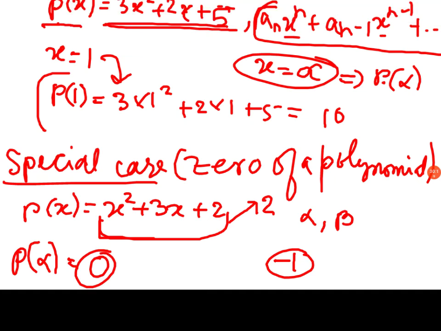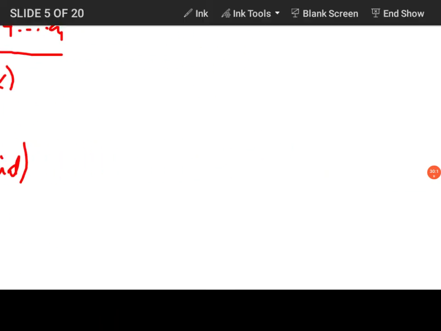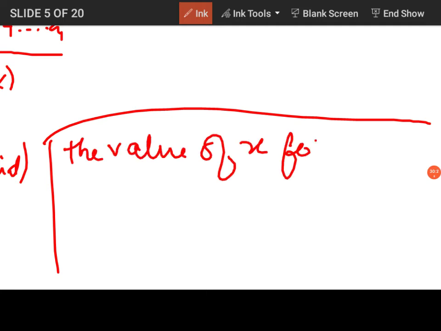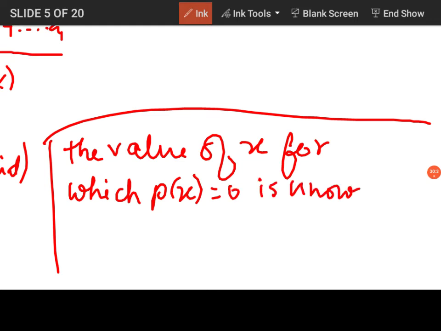Or if you want to write the definition, you can write it as: the value of x for which p of x is equal to 0 is known as the zero of a polynomial. Correct?